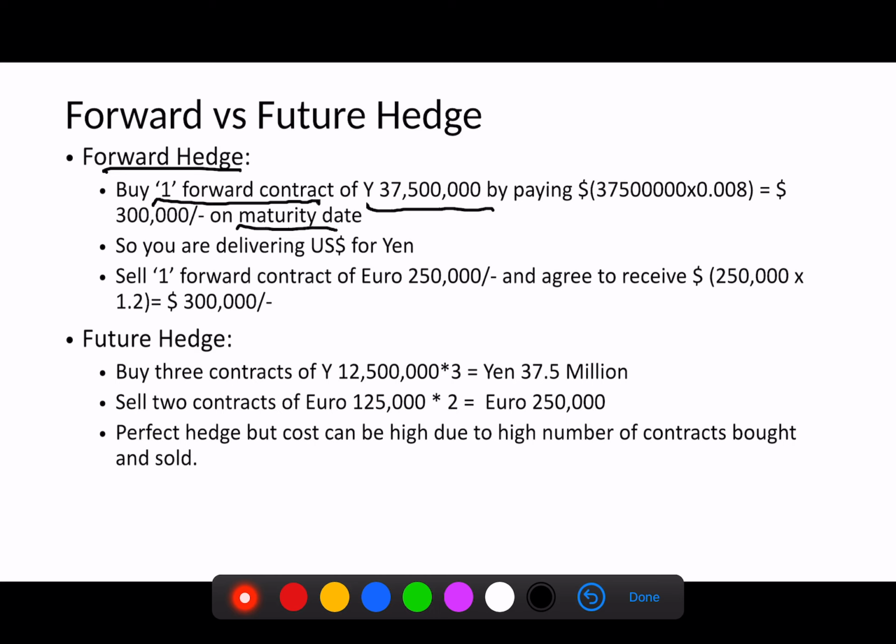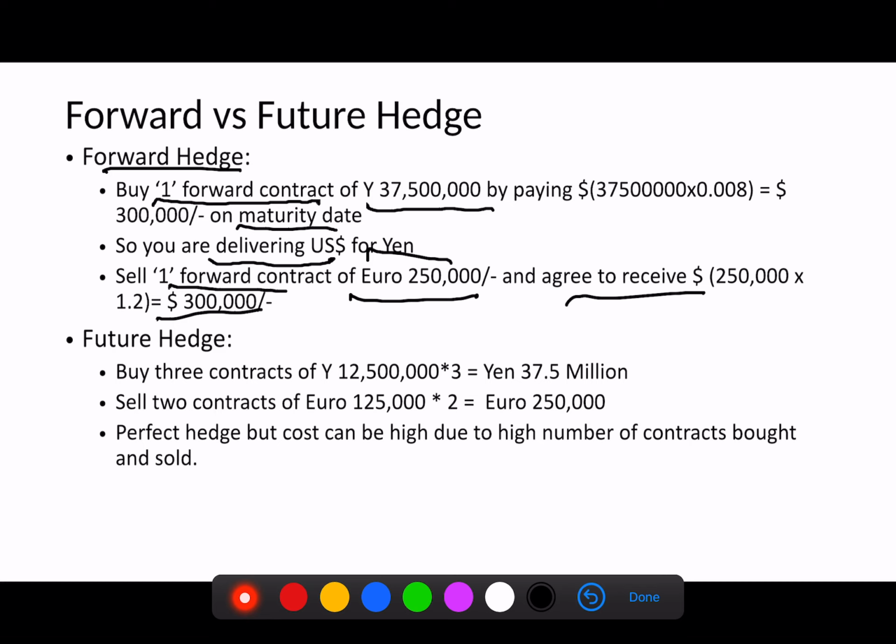And you are effectively delivering US dollars for the Japanese yen, and on the same date you are also selling one forward contract in the interbank market, where you agree to pay to a bank or any other party 250,000 euros and agree to receive $300,000.